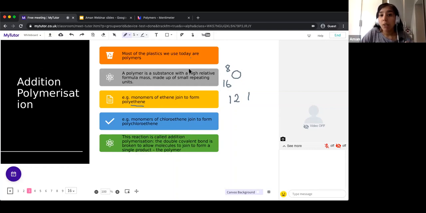So when we're working out the relative formula mass, we look at the number of carbon atoms, we multiply by the relative atomic mass of carbon, which is 12, and then we add that to the relative atomic mass of hydrogen multiplied by how many hydrogens there are. So for example, if in one polymer we had, let's just say 12 carbons, then we would do 12 times 12, which is 144 for the relative atomic mass of carbon.